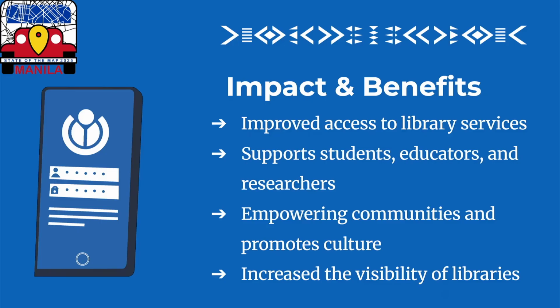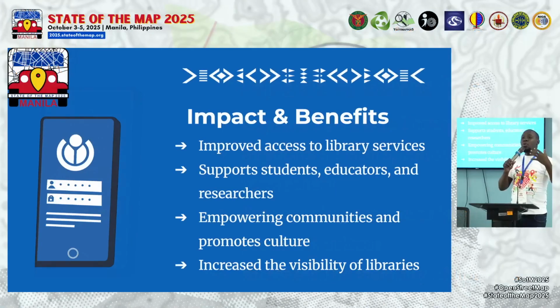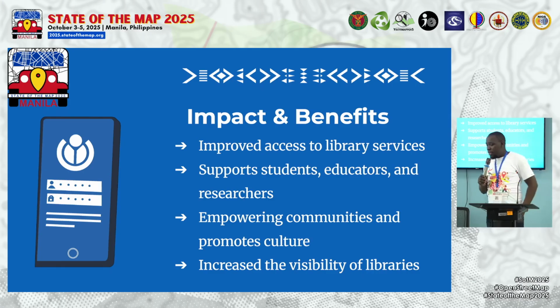Now, the impact. We were able to improve access to these museums because I added several of these entries on OpenStreetMap as well, so you can easily navigate to any of these areas. Number two, because the data is now readily available, those doing research can easily access that data.